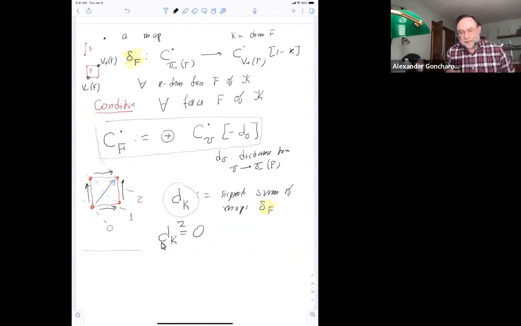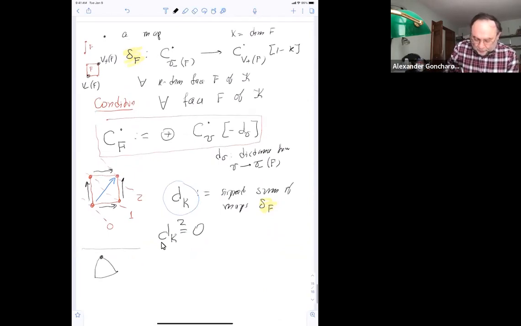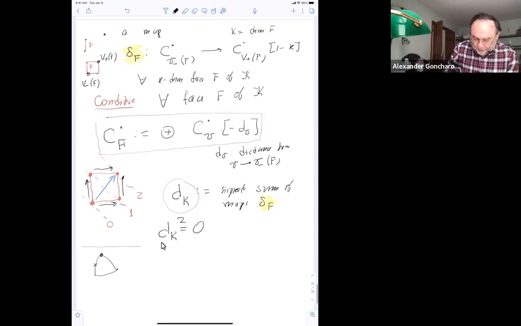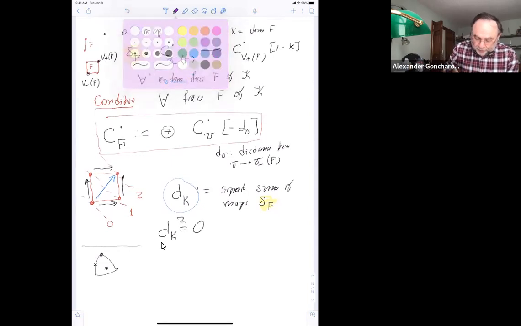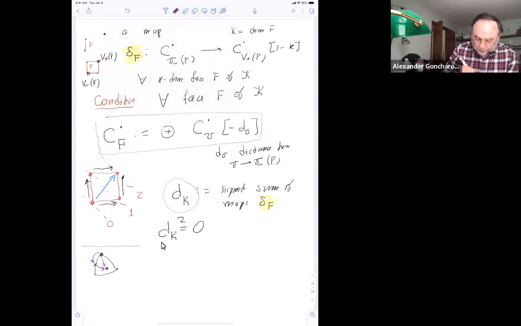So we want to talk about the DG category of constructible sheaves. Let's suppose that you have something like a cell complex. And so you want to put some complex here. You also want to put some complex here, and you want to put some complex here. And then in the usual situation, we have restrictions. You have a map of complexes from here to here, from here to here, and also from here to here.